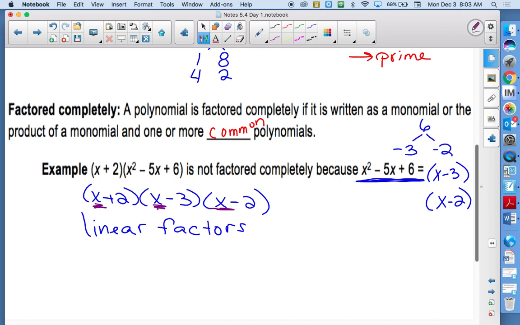Or if it's prime and it can't be factored any further because there are no factors that go into it, then it's also factored completely. So when you look at an answer or a factored problem, that's what we're going to be looking at. Can it be broken down further, or is it as far as it can go?